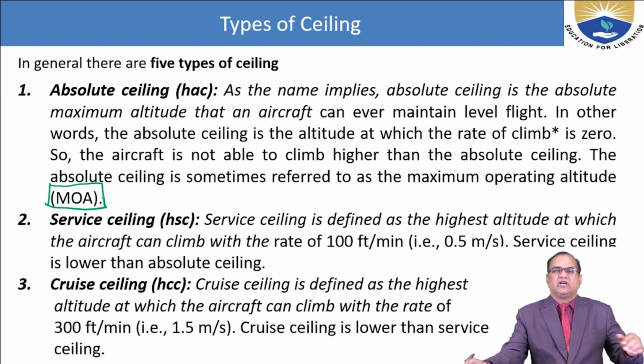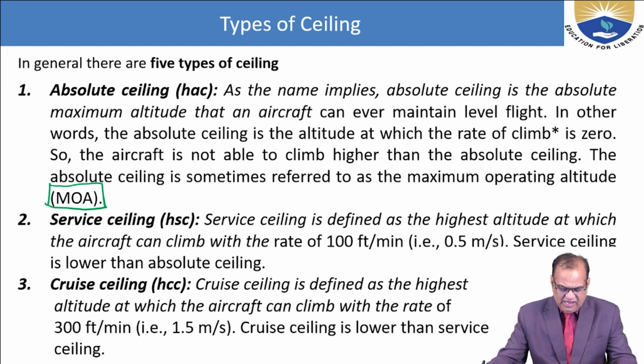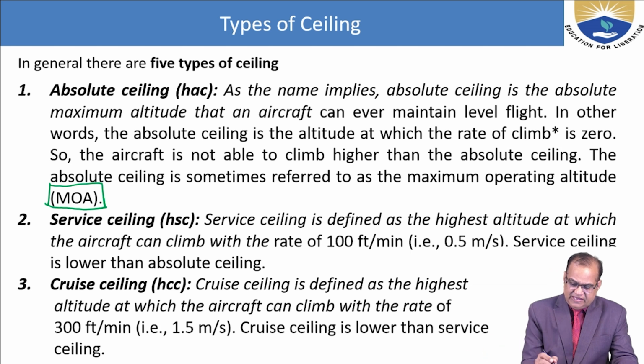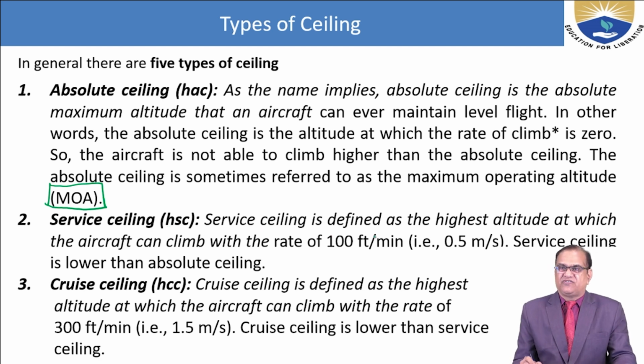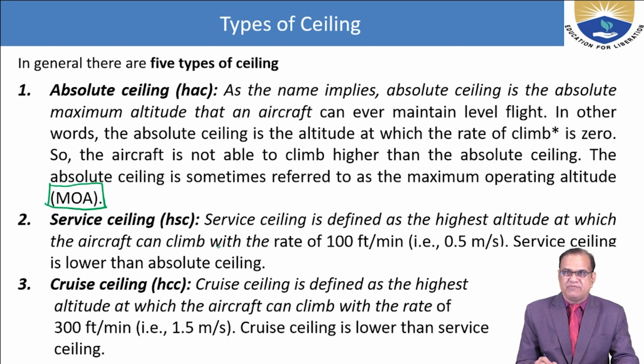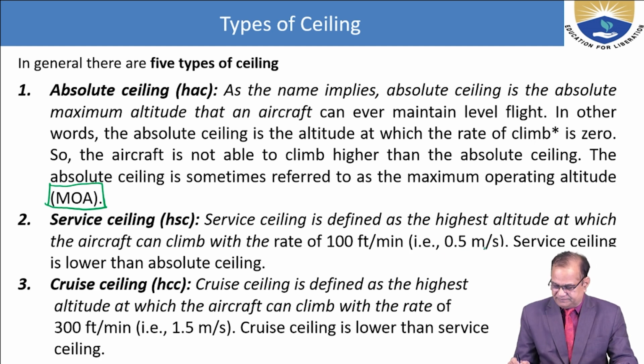Okay, so this I will discuss further. Next, very important is the service ceiling. H means height, AC means absolute ceiling. Here H means height, SC means service ceiling. So the service ceiling, HSC, is defined as the highest altitude at which the aircraft can climb with a rate of 100 feet per minute, that is 0.5 meter per second.